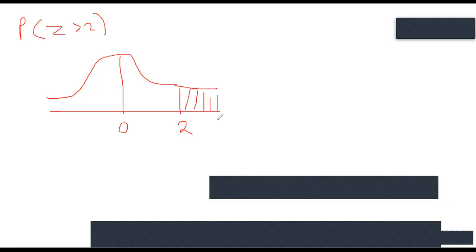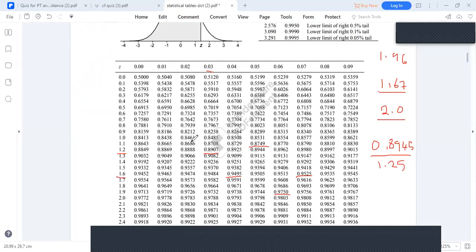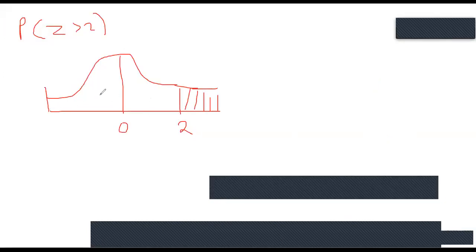Less is to the left. So we now check the reading for 2 in the table. Let's go to 2.0. What is the reading for 2? 0.9772. So the reading from here to here is 0.9772. So what is the remainder here? How do we get the remainder here?